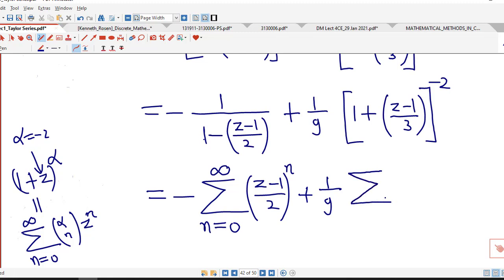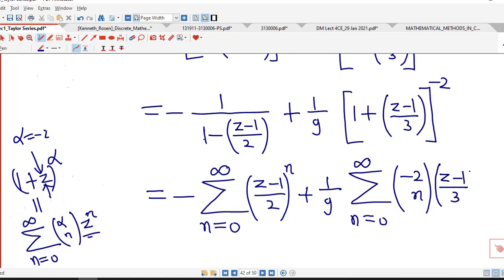So here sigma n equal to 0 to infinity, alpha is minus 2 C n, and instead of 1 plus z raised to alpha we have 1 plus (z minus 1) by 3. So here we have to replace z by (z minus 1) by 3, raised to n.